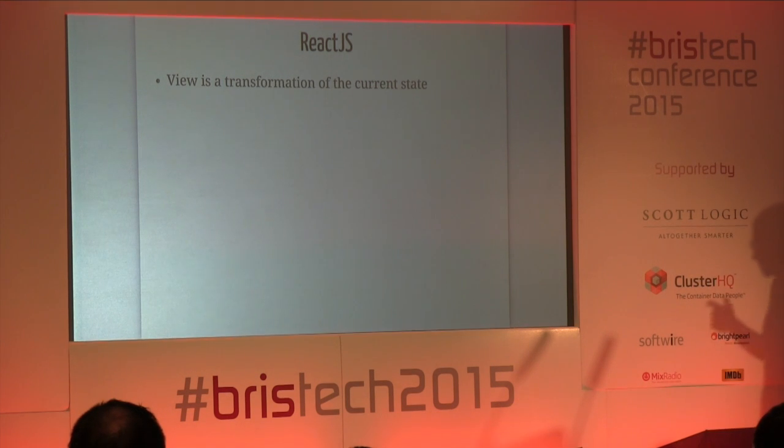What happens is, with React components, the views become a transformation of the current state. So your view is a straightforward representation or transformation of your state. There isn't this sort of complicated relationship between all the different component parts of your view. It's a simple, straightforward transformation.